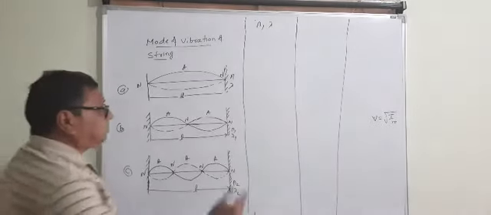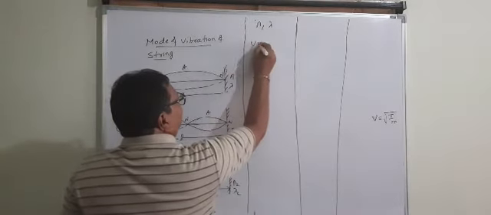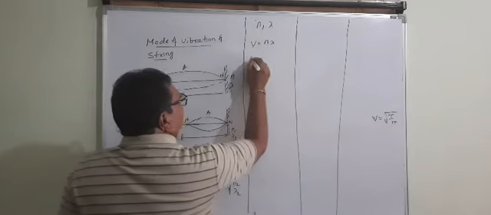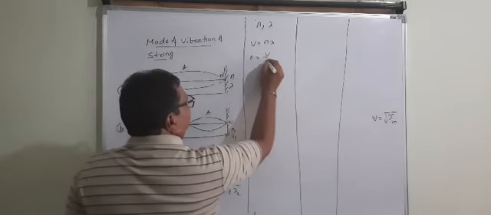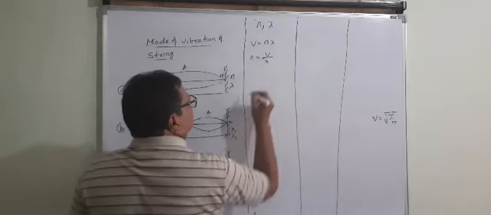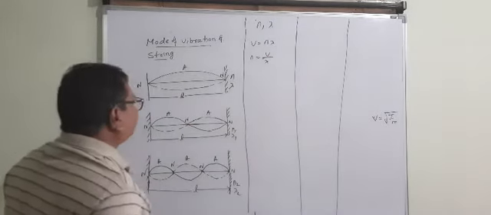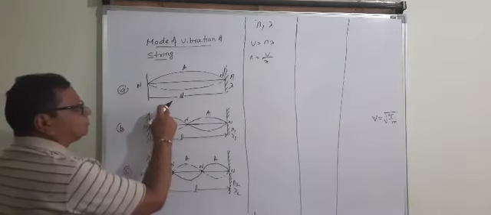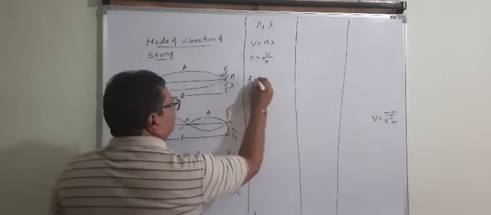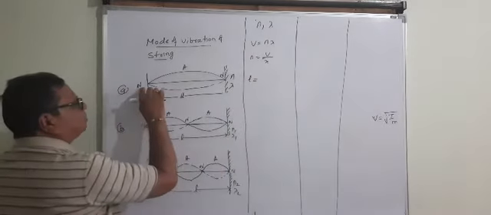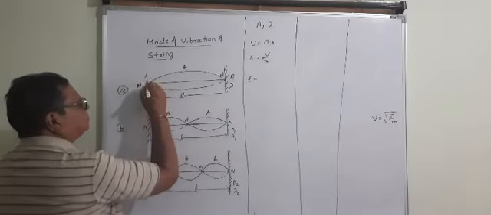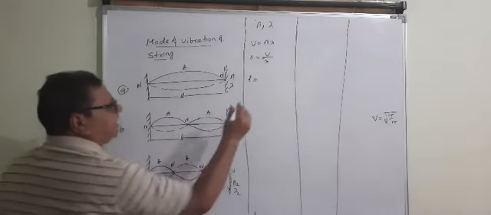So we know that velocity v is equal to n lambda, or n is equal to v upon lambda. But from the figure, length of string small l is equal to the distance between two successive nodes, which is lambda by 2.